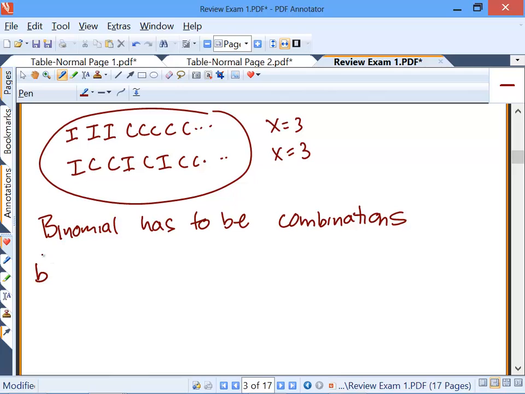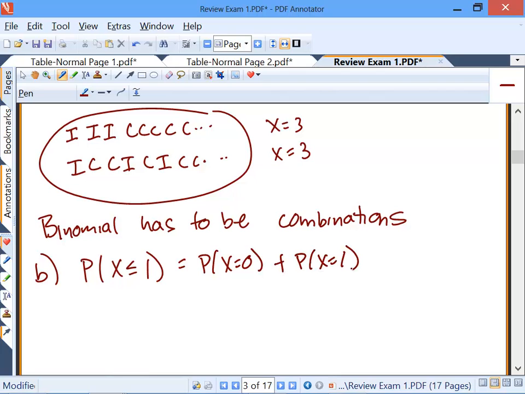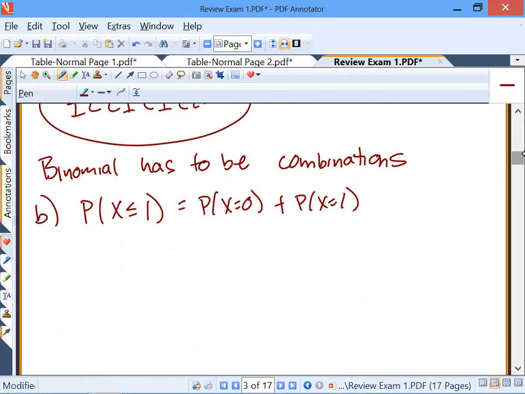Okay. Continuing this problem, B asks, what is the probability that a wafer contains no more than 1 incorrectly placed chip? If we want no more than 1, that means x is less than or equal to 1, which would be the probability that x equals 0 plus the probability that x equals 1. Now, do I need to recompute these probabilities? No, we already found these probabilities, right? This one was 0.337948, and the x equals 1 was 0.202106.